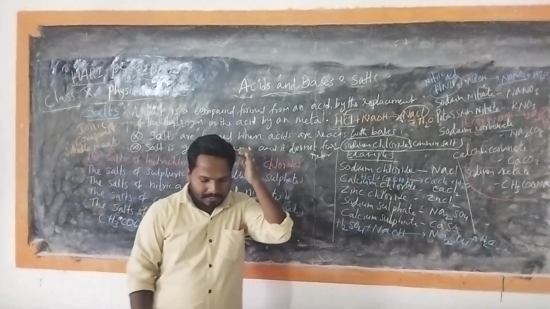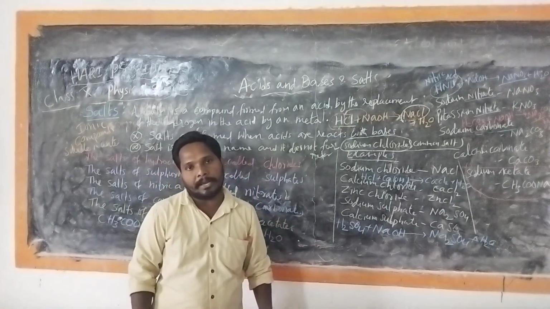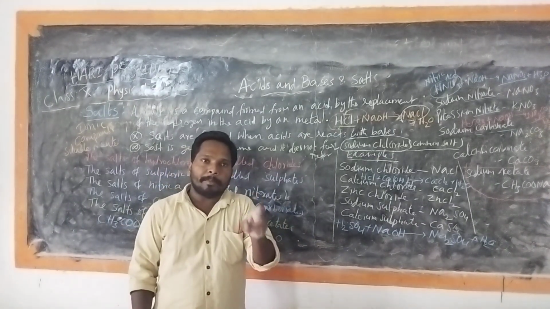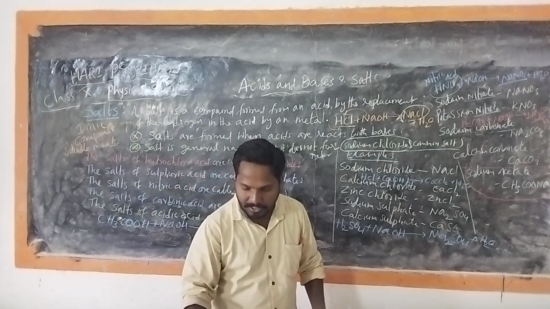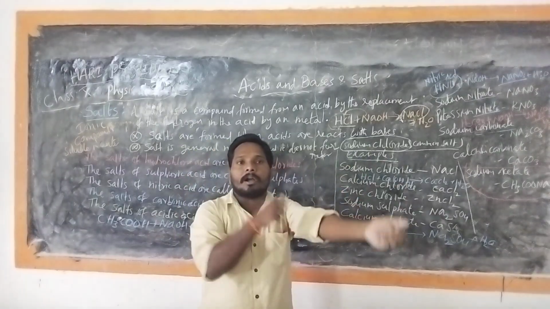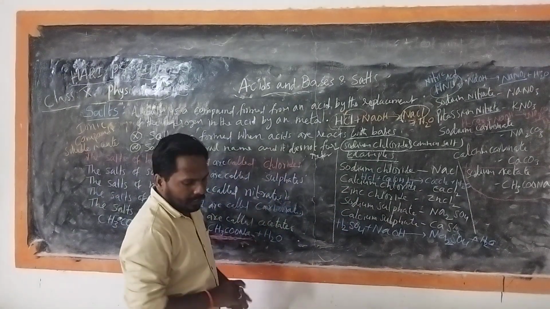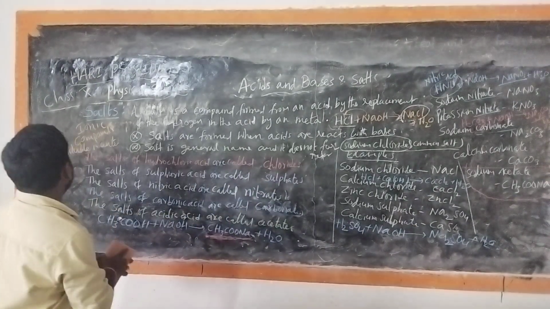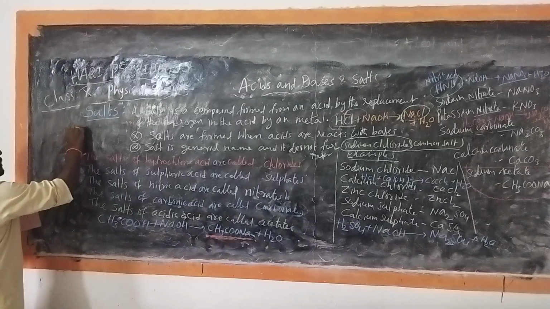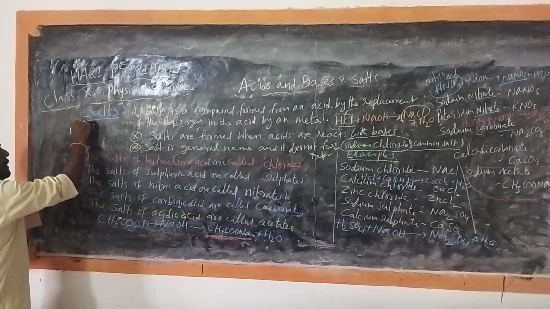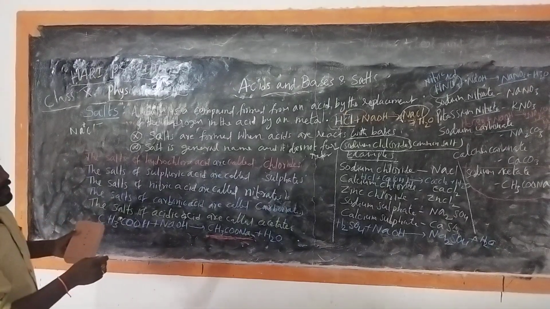Every salt consists of a positively charged ion as well as a negatively charged ion. Due to the combination of positively and negatively charged ions, these are called ionic compounds. For example, sodium chloride has Na+ and Cl- ions.